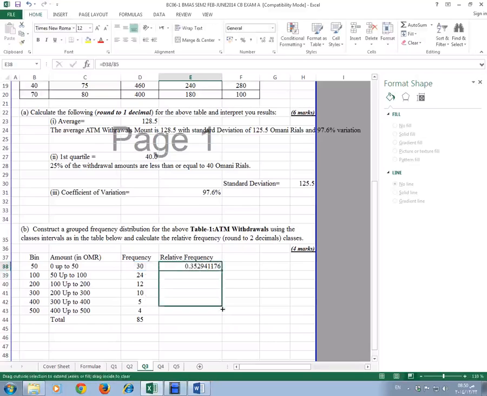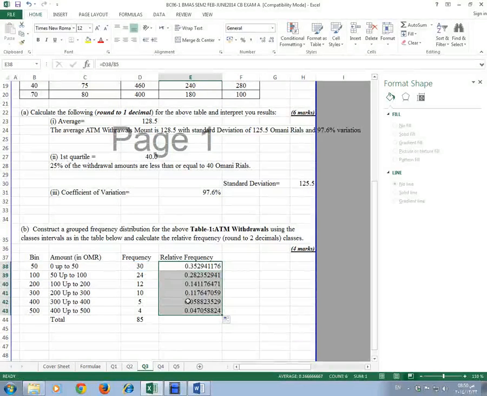Drag this one down. Another way is to make it one by one. Otherwise you have to make it one by one.